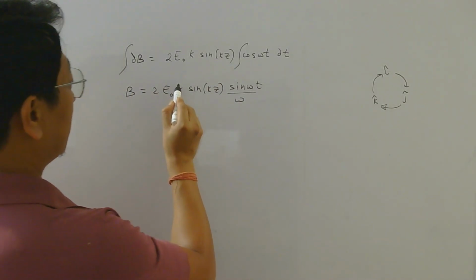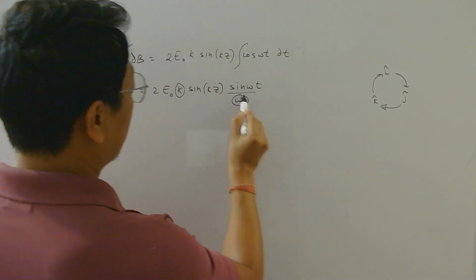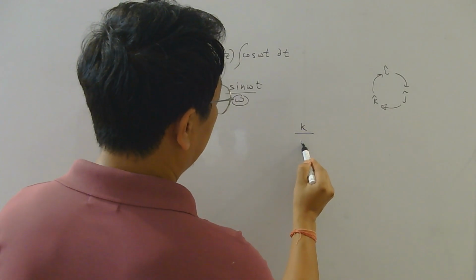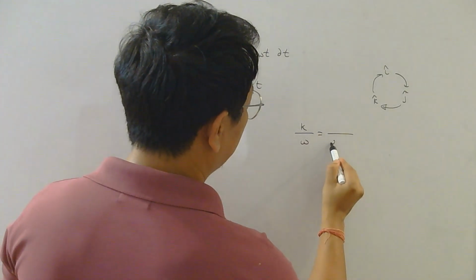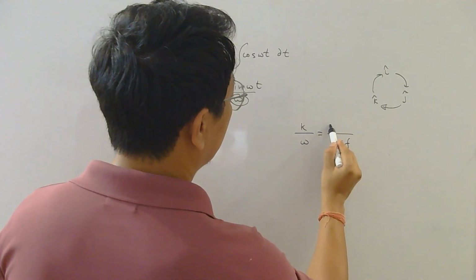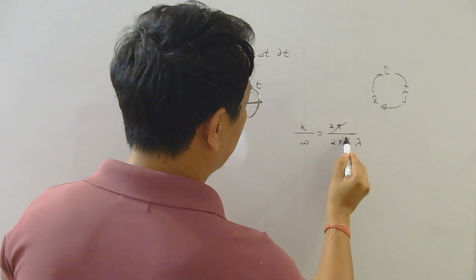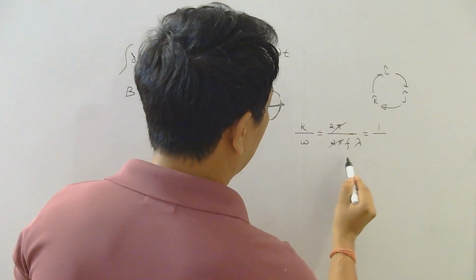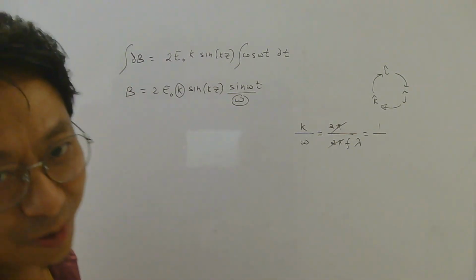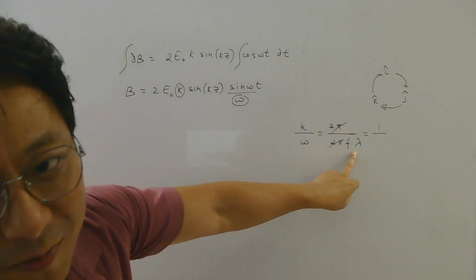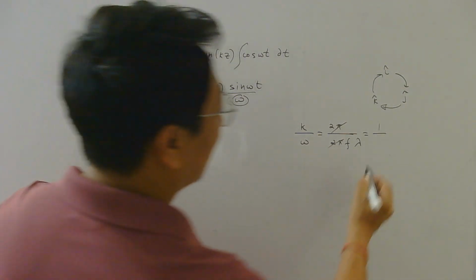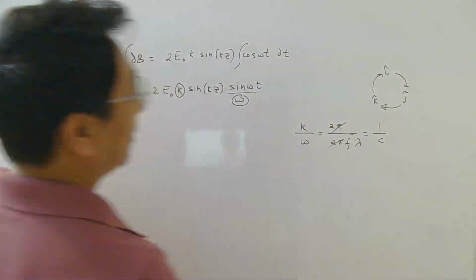And what is k divided by omega? Well, omega is 2 pi times frequency, k is 2 pi divided by lambda, the 2 pi cancel, and you all know from school days that frequency times wavelength is the speed of the wave. Here the wave is light, so the speed of light is c.